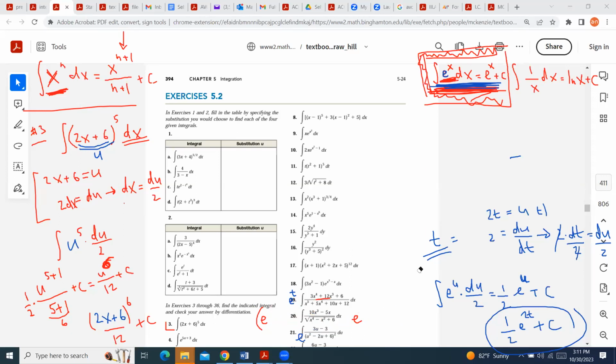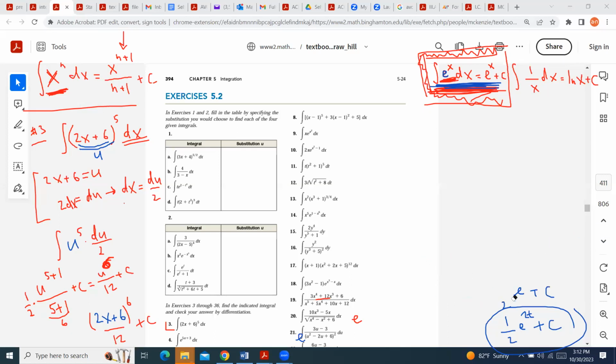So let's try problem number 9 here. That doesn't have parentheses. But technically, I could treat the power here as if it was in the parentheses. Look at exercise number 9.